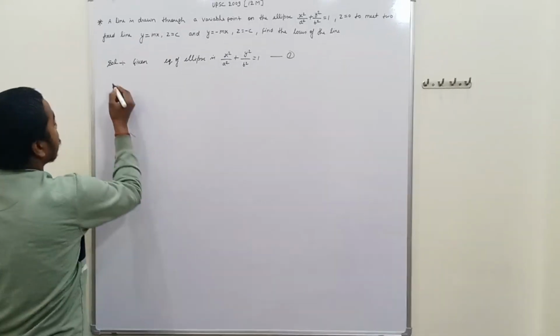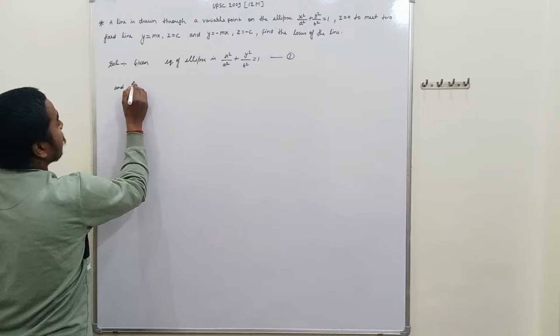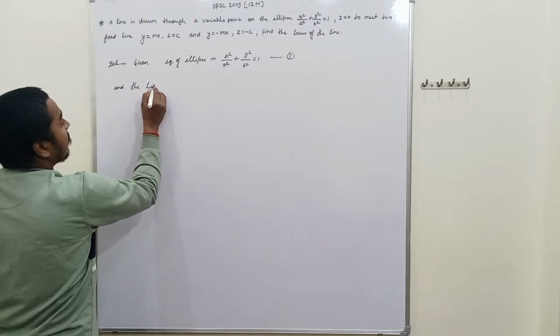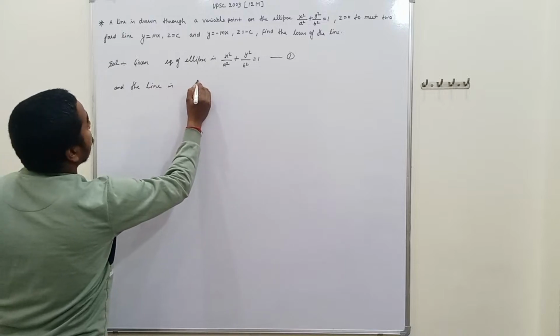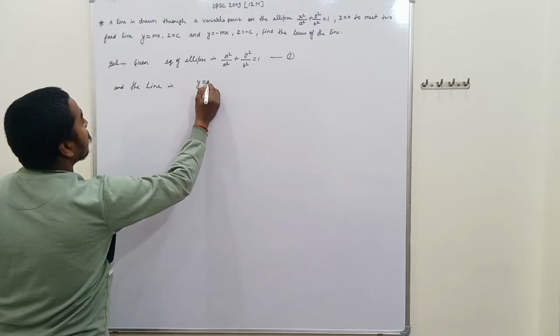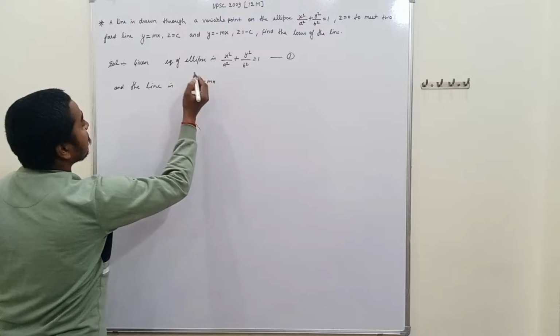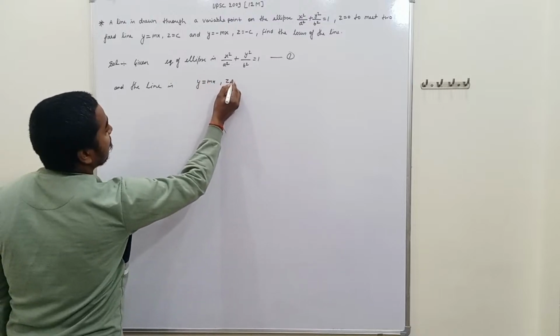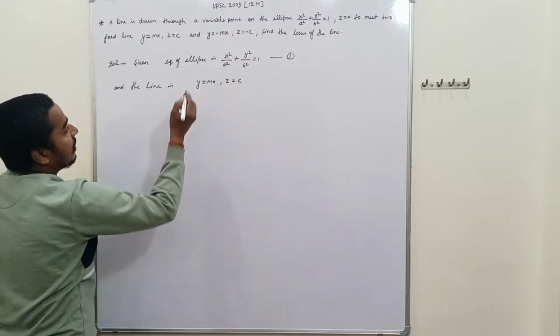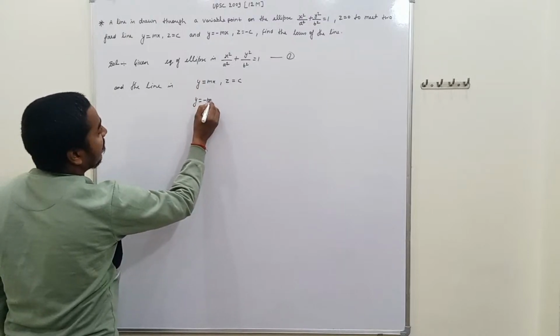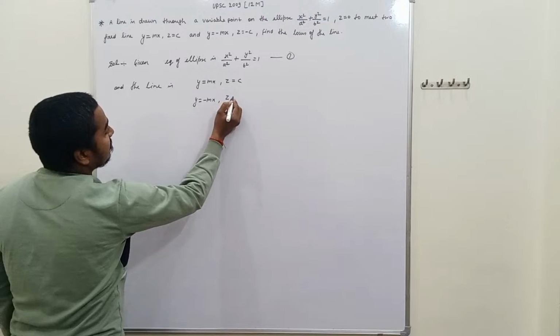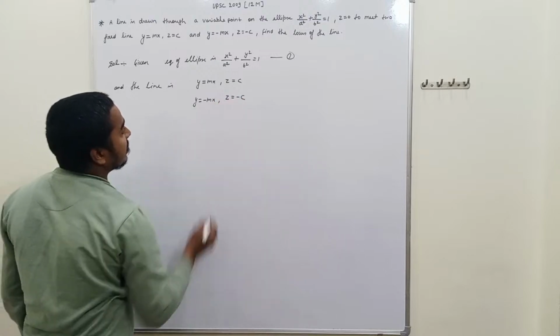And the line is given, y is equal to mx and z is equal to c, and the second line is given, that is y is equal to minus mx and z is equal to minus c.